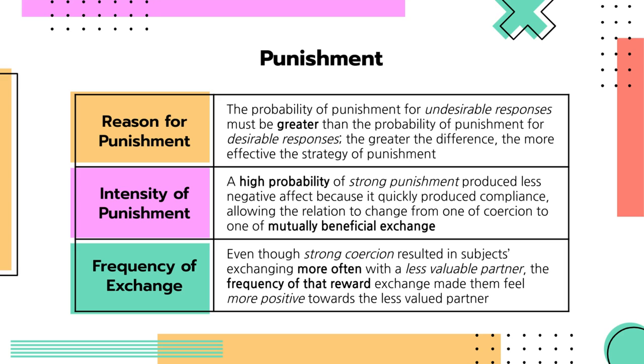So being strong and clear in your punishment or sanction, but also consistent in terms of when and how it's applied and to whom. One of the things they found is that the probability of punishment for undesirable responses must be greater than the probability of punishment for desirable responses. The greater the difference, the more effective the strategy of punishment.